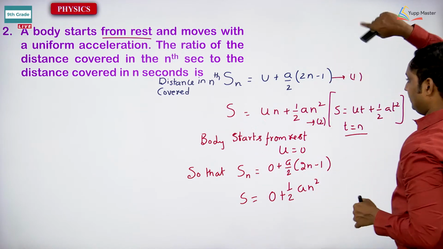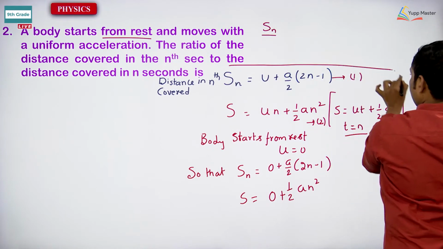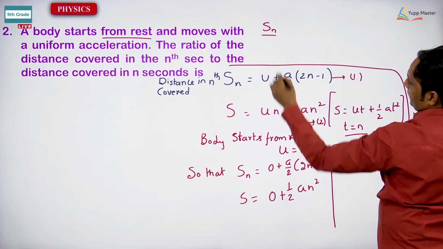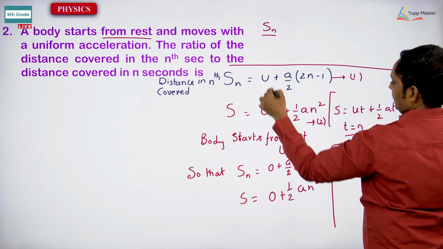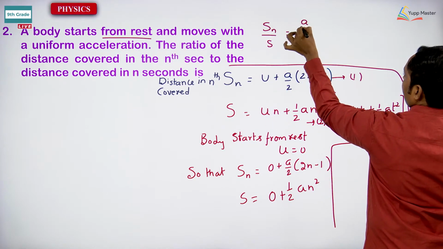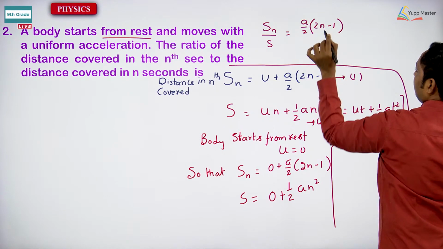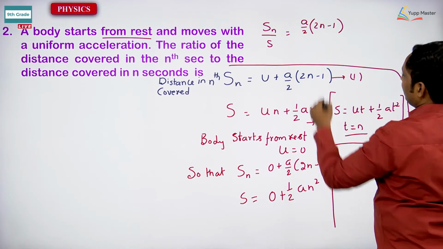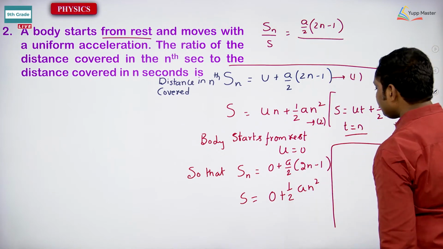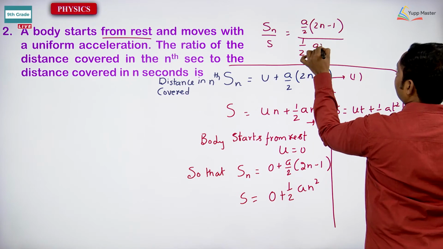Please get that ratio. Therefore, Sn by S is equal to a by 2 into 2n minus 1 whole upon half a n square.